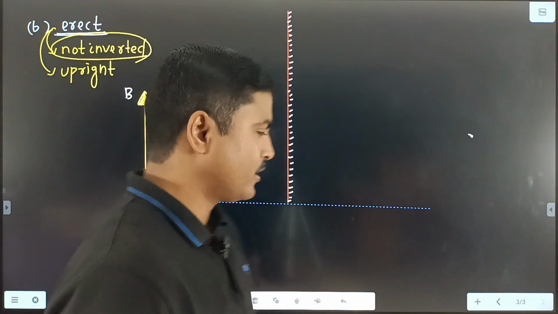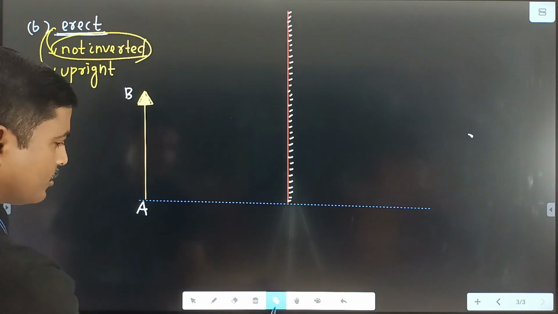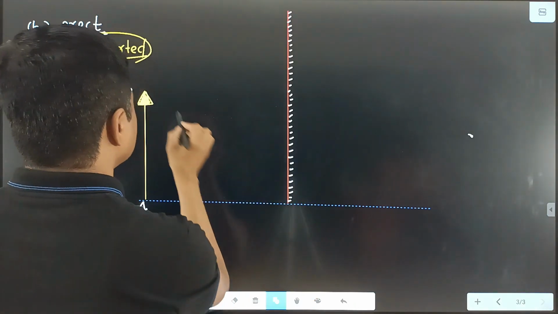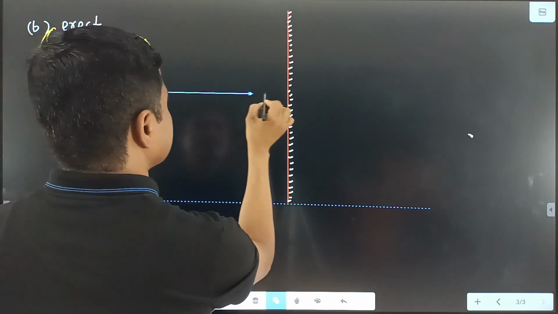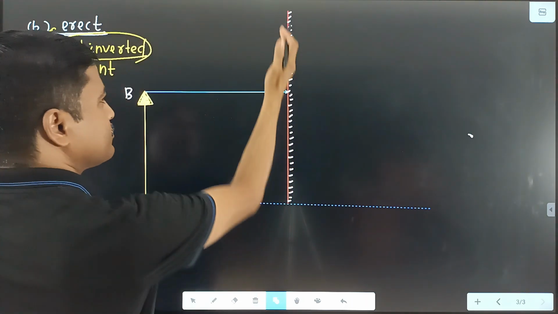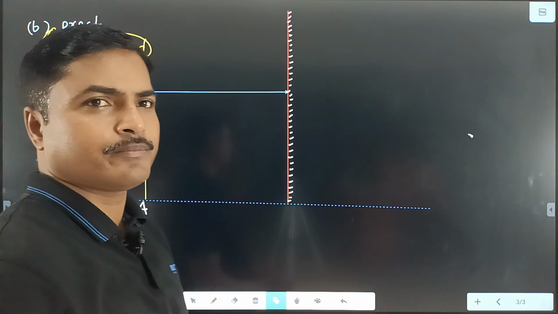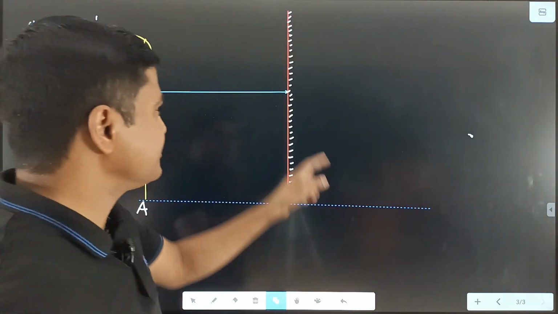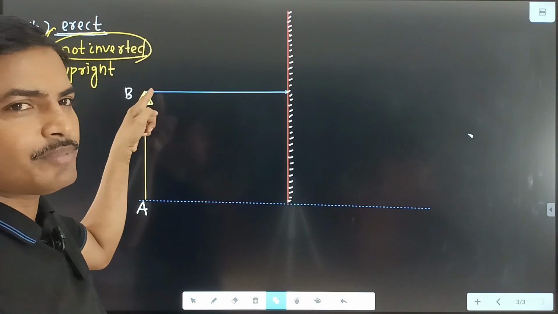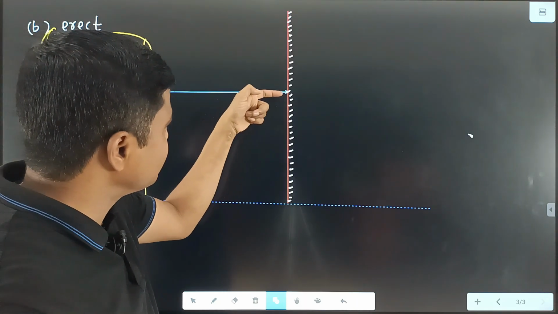Then what happens? From point B, suppose we draw two incident rays. This one is the first incident ray. The first incident ray is perpendicular to the surface of the plane mirror. And at this point, what happened? The ray is returned back in the same path, because this is the incident ray.